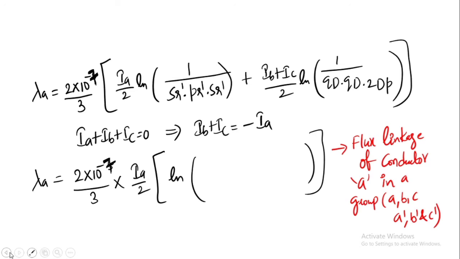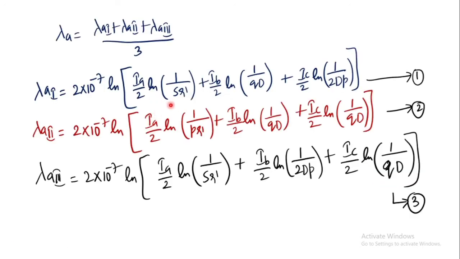Now, if you see the first term in each of the 3 equations, the first term is IA by 2, IA by 2, IA by 2, right?